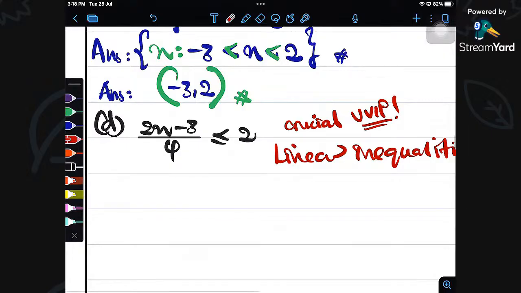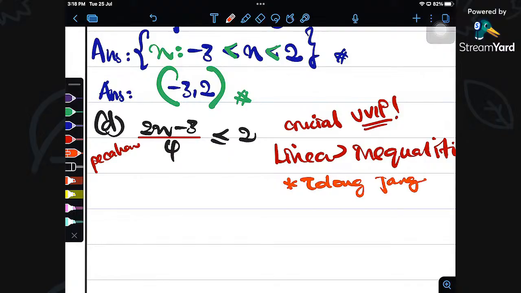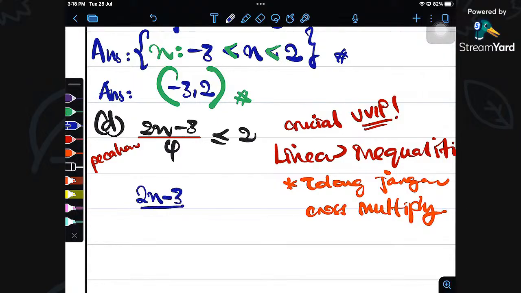Cumanya saya nak suggest apabila you mendapat soalan linear inequality yang bentuk pecahan, tolong jangan, ini penting, tolong jangan cross multiply. I want to make sure that you do not cross multiply. So what you can do is 2x minus 3 divided by 4.